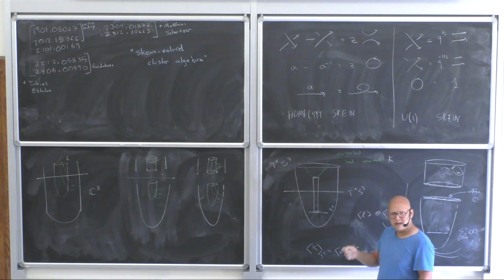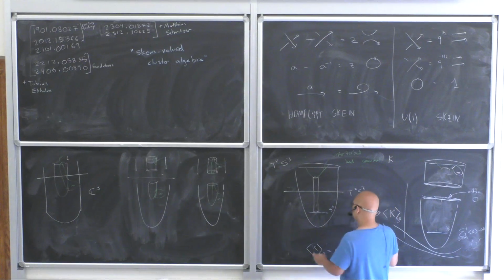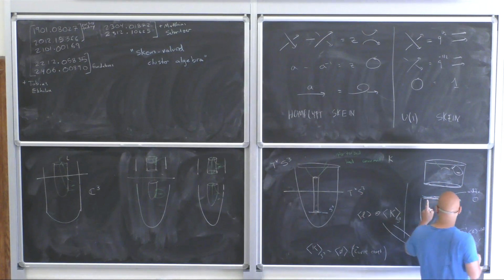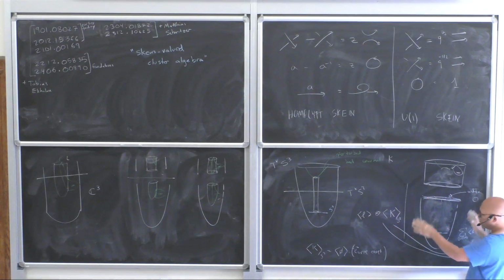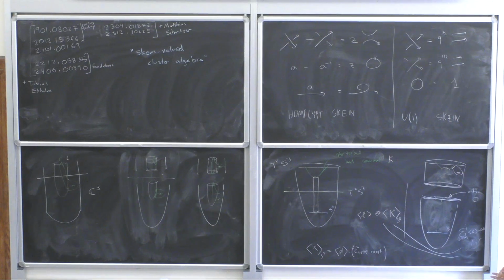And for S3 mod a finite group, that's no longer true. So one can still make some argument for this conifold transition, but it's more complicated, and the fact that it works like this for S3 crucially involves this fact.